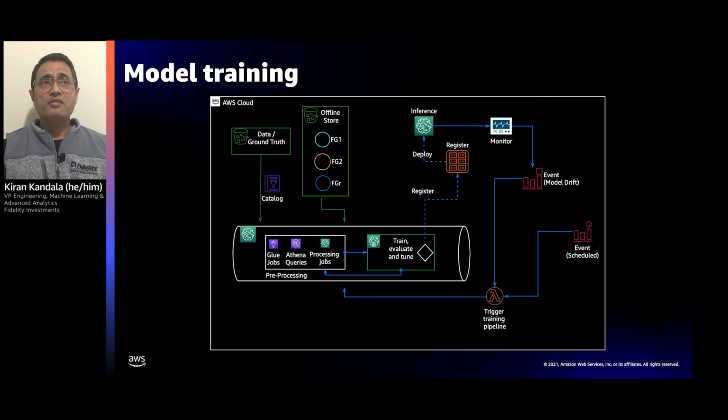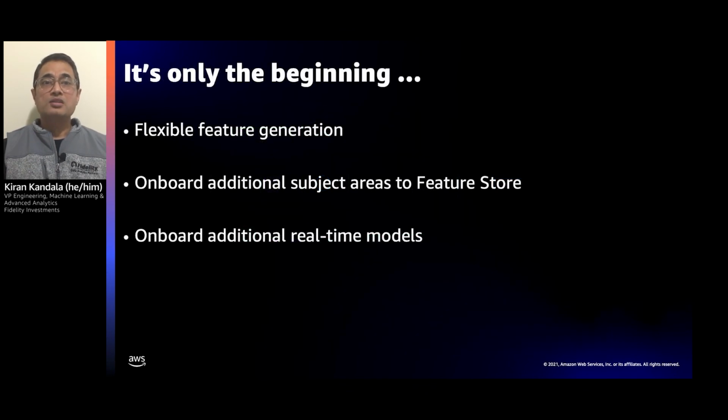We currently have 600 plus subject areas that we generate. We would want to onboard those subject areas to the feature store in the future. We have currently 100 plus models running in batch inference, and some of them are good candidates to be deployed as real-time models.